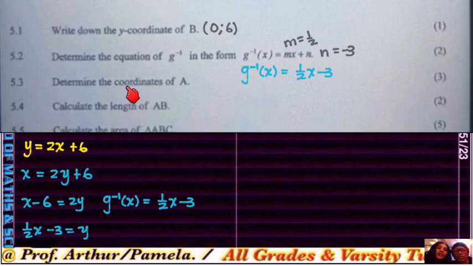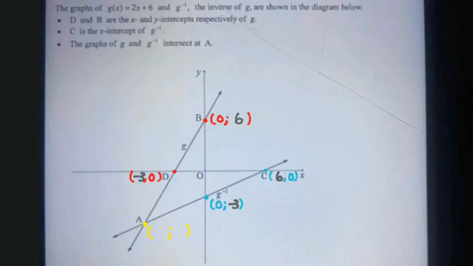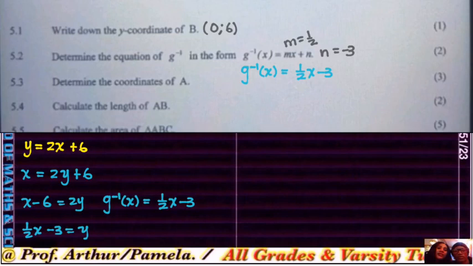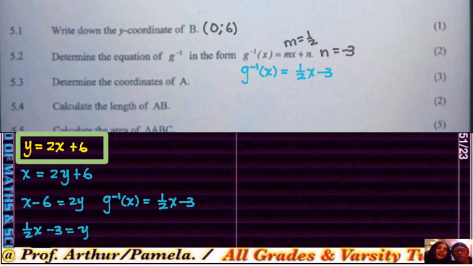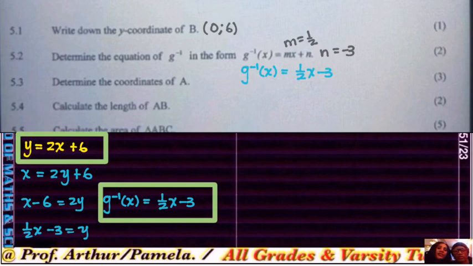Determine the coordinates of A. Let's find A here. That's where the two graphs intersect. Fine, it's a point of simultaneous. That means I need to take this graph, and I also need to take, you can write it here, it doesn't matter here, equate them, correct?